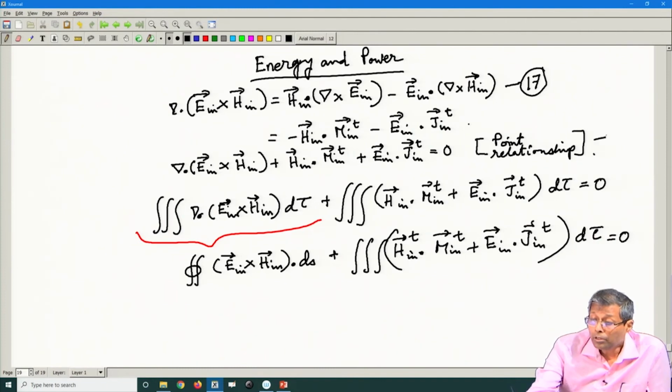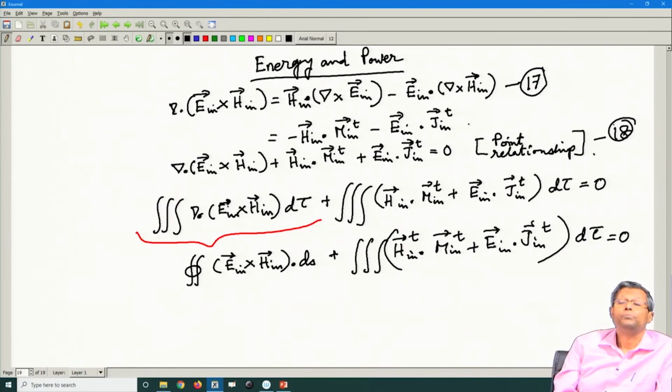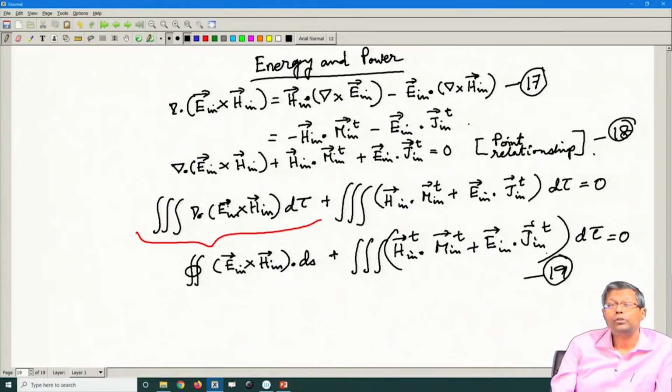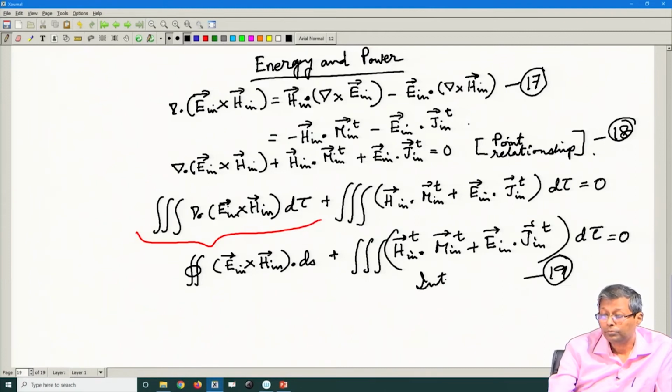We call this equation number 18, which is the point relationship, and we call this equation number 19, which is valid in a region of space. This is the integral form, in contrast to the point form.